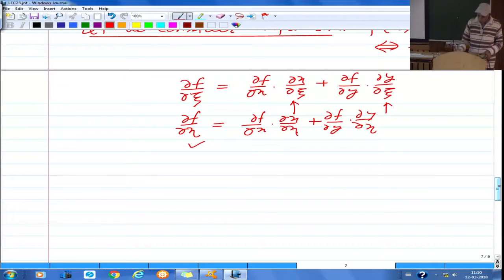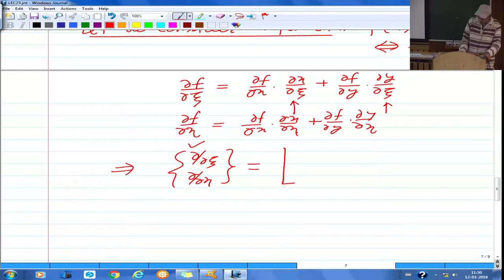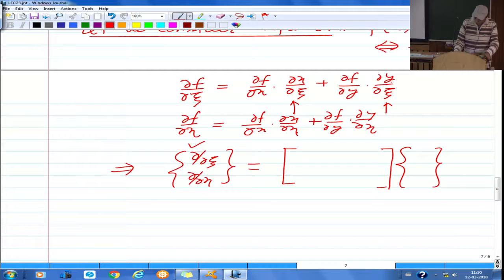Now if I take out the function f here and write the operator relationship, I can say that the differential operators del by del xi, del by del eta operating on any function, in this case f, are equal to, on the right hand side, again taking the operators out: del f by del x, del f by del y, so taking f out, del by del x, del by del y.